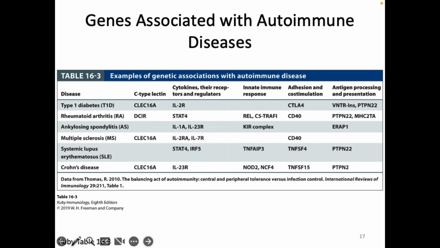So sometimes, for example, if you have an autoimmune disease that particularly impacts your skin, you might have a polymorphism in a gene that changes a skin protein. And so you also might have something unique to the organ that is being attacked that may be seen as different. And so these are some big genes associated with autoimmune diseases.